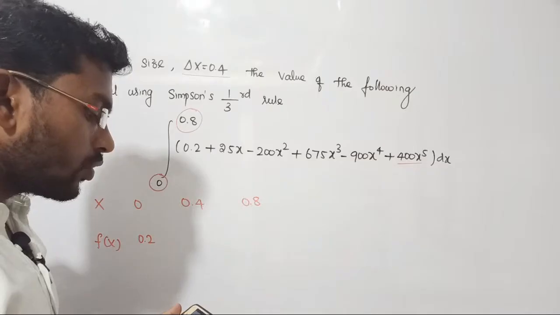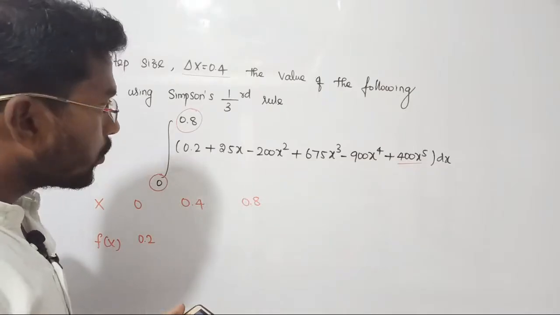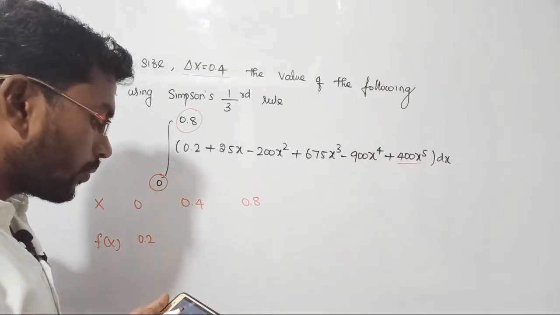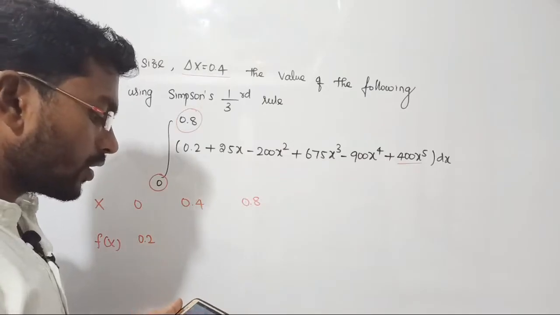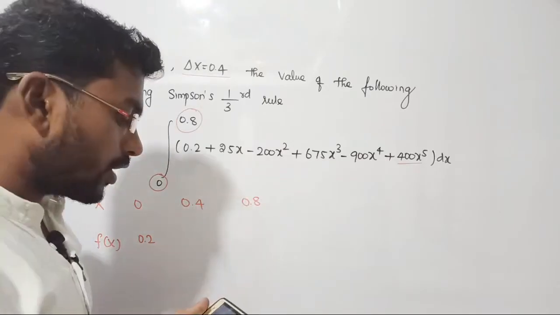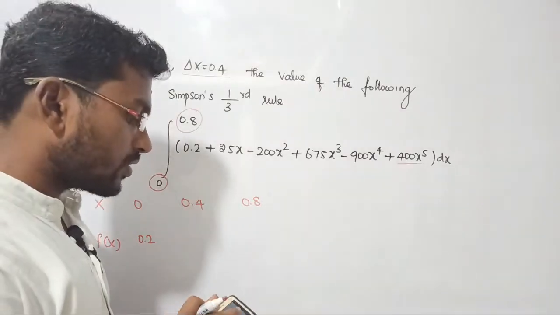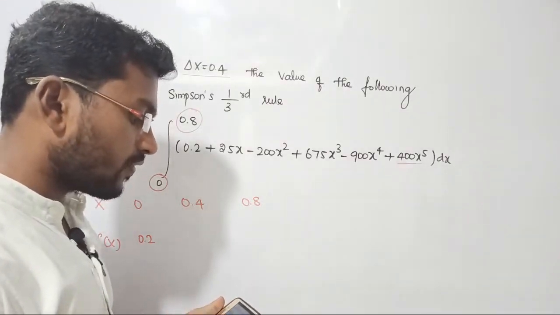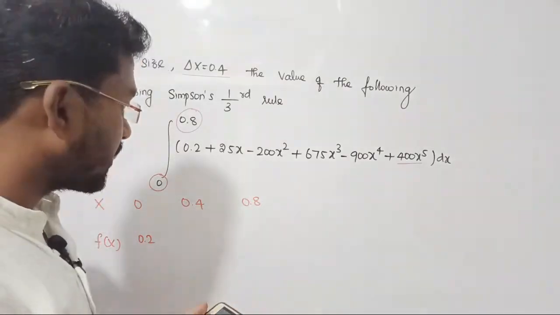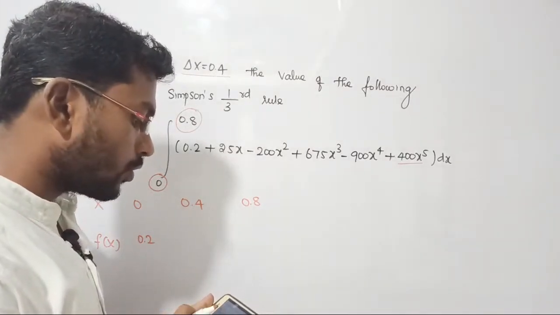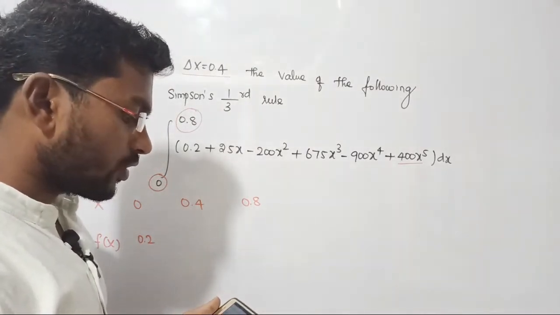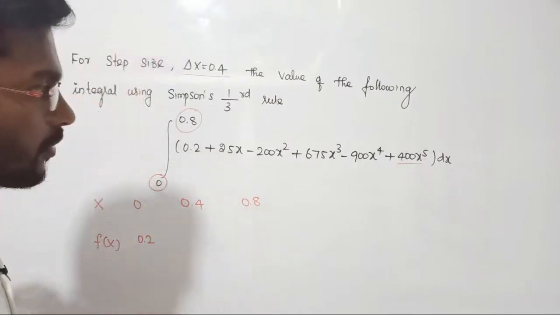We have to consider 200 into 0.4 square. It's over. I am getting minus 21.8 plus, let me open the bracket, 675. I have to multiply it by x cube, that is 0.4 cubed. Find this cube value. I am getting 21.4, right?